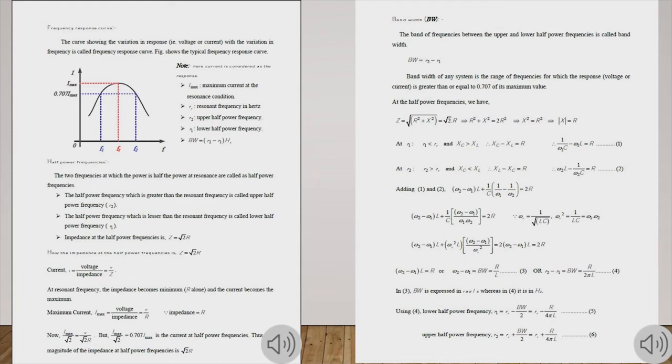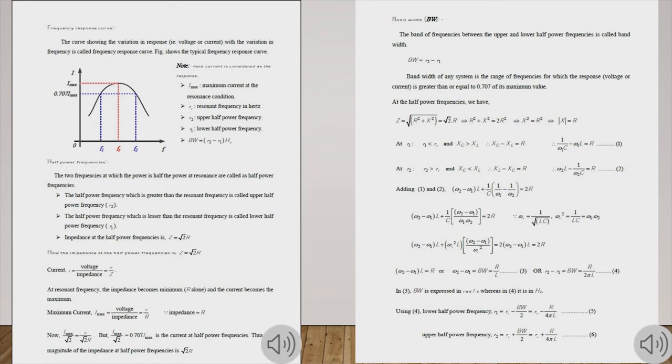Omega 2 minus omega 1 into L plus omega r square into L into omega 2 minus omega 1 by omega r square equals 2 into omega 2 minus omega 1 into L, which equals 2R. Omega 2 minus omega 1 into L equals R, or omega 2 minus omega 1 equals bandwidth equals R by L, or F2 minus F1 equals bandwidth equals R by 2 pi L.